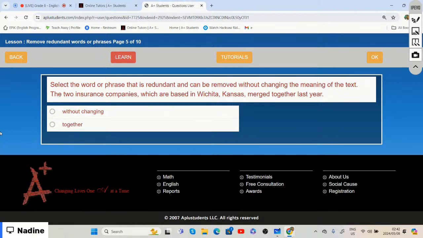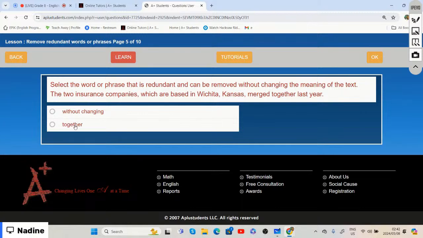The two insurance companies, which are based in Wichita, Kansas, merged together last year. So the two insurance companies, they merged together last year, right?